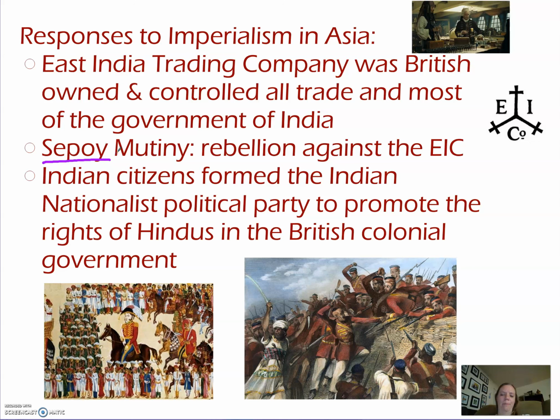And they got a new kind of rifle cartridge, and this was just the straw that breaks the camel's back. There's this rumor that the rifle cartridges are coated in grease made from pigs and from cows. Well, those are like moral sins to the Muslim and Hindu people living in India, and so that was sort of the point where they started rebelling. And thousands of people are killed in this attempt by the Sepoys to overthrow the East India Company.